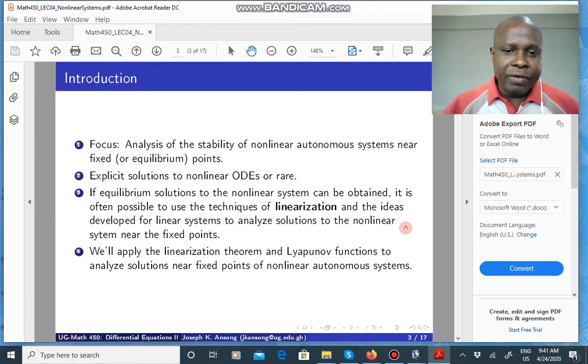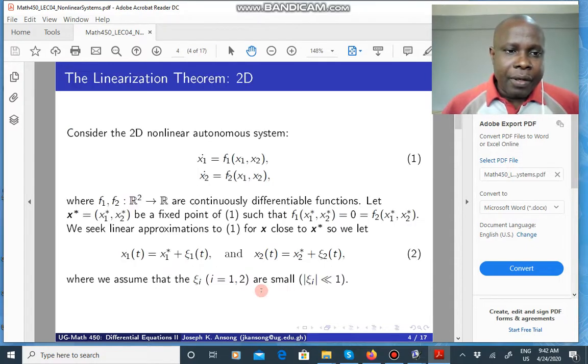And one of those techniques that we'll be using is called the linearization technique, under the linearization theorem. And then also, if you are able to develop Lyapunov functions, then you could use that to analyze these nonlinear autonomous systems. Okay? And so we'll start off with the linearization theorem.